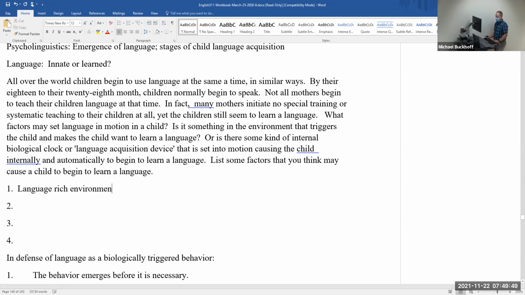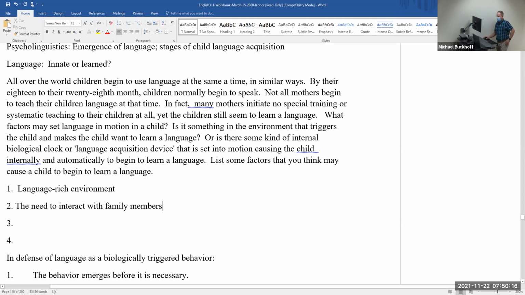What else? The need to interact with family members to become part of the whole deal.